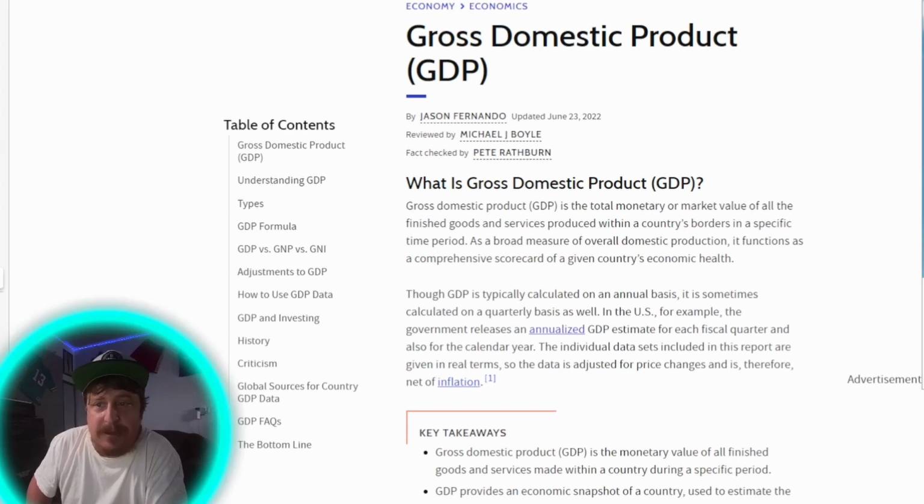Though GDP is typically calculated on an annual basis, it is sometimes calculated on a quarterly basis as well. In the US, for example, the government releases an annualized GDP estimate for each fiscal quarter and also for the calendar year. The individual data sets included in this report are given in real terms, so the data is adjusted for price changes and is therefore net of inflation.